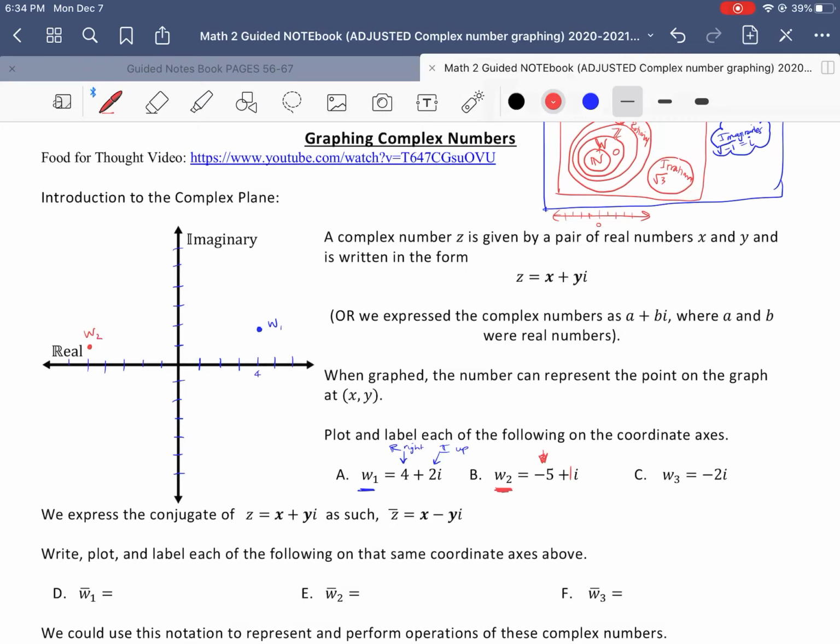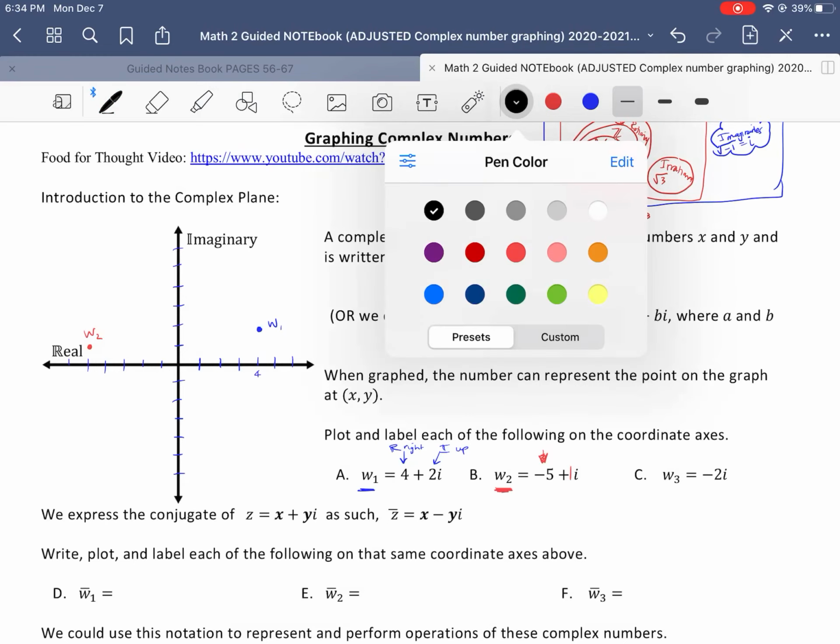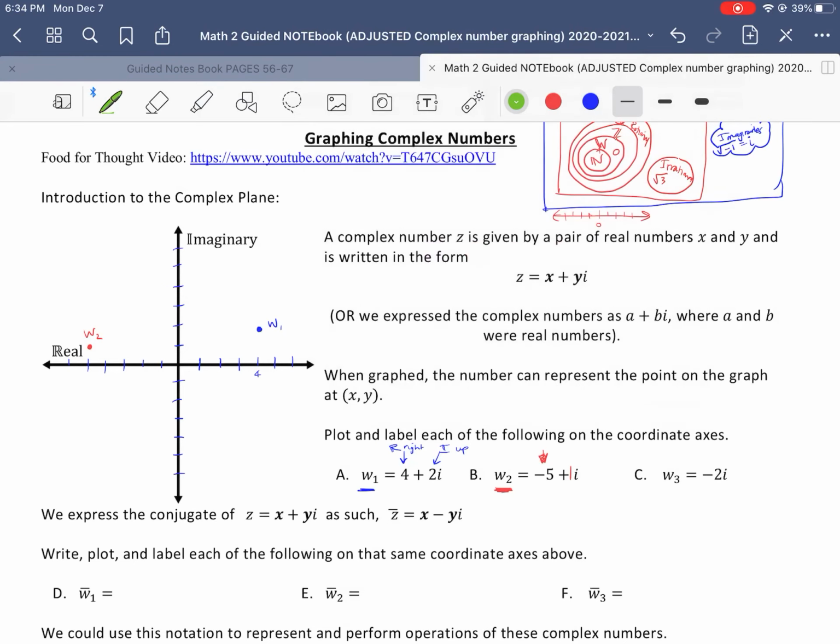So that right there would represent w2. Then the last one, w3, if I was plotting this one, let's grab a different color. w3 is equal to negative 2i. So notice there is no real part on this one. We're not moving left or right at all. We're just going down 2 in the imaginary axis, and this would represent w3.